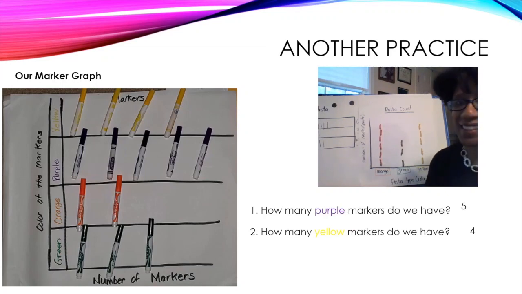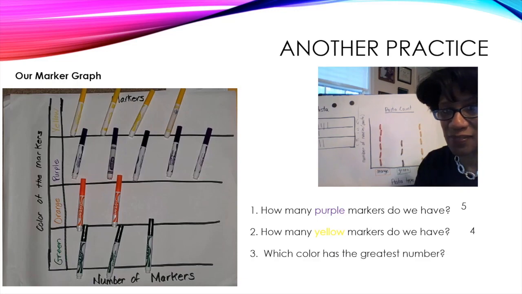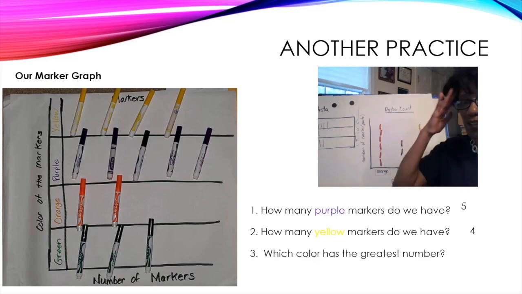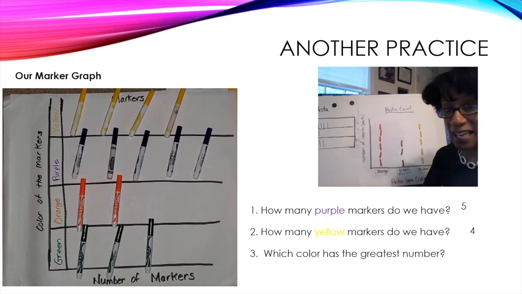Now, this question, let's see. Which color has the greatest number? Do you remember when we talked about greatest, least, and same when we were comparing sets? That's right. So now we're going to compare things in our object graph. So we're looking to see which one has the greatest number.